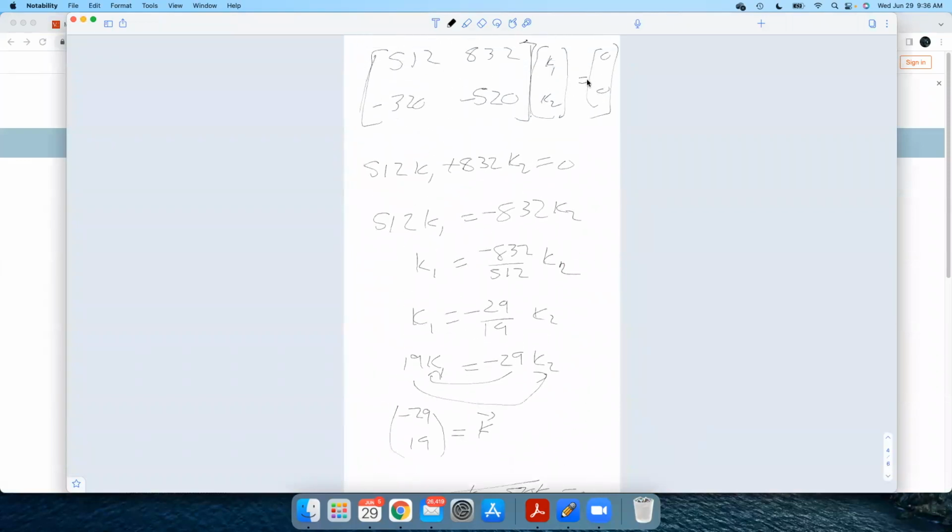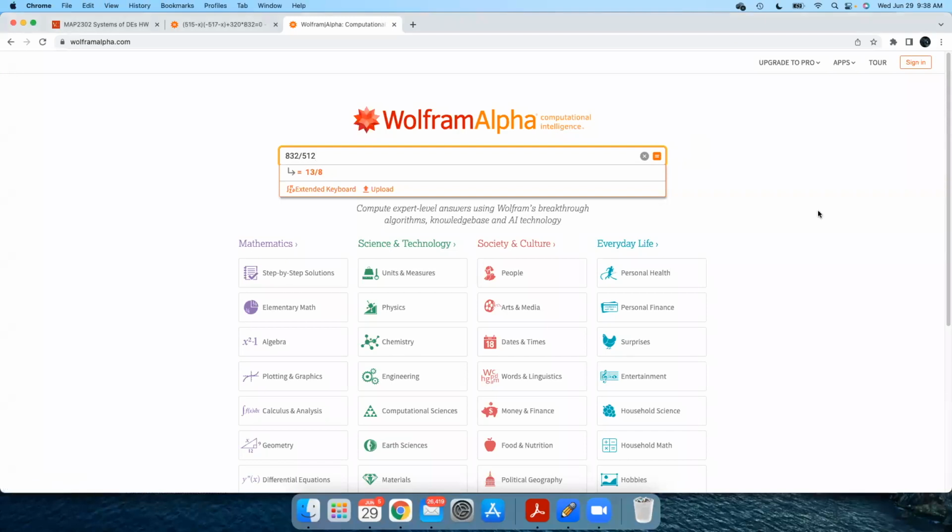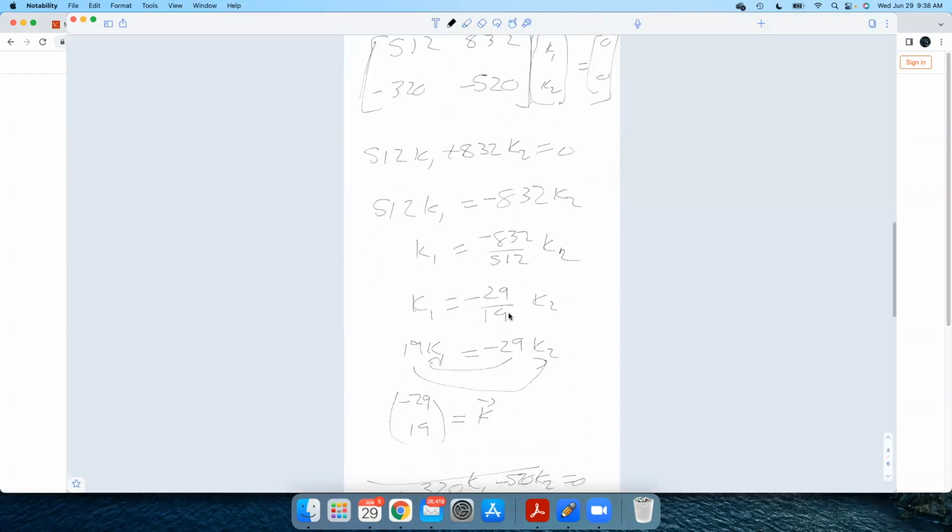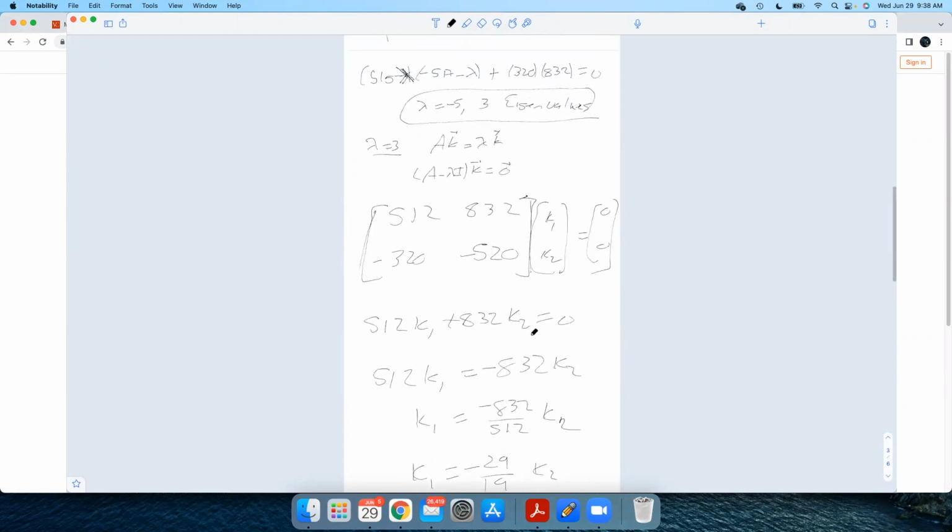Let me pause and see if I can find it. Yeah, see, it's a good thing I checked. I must have typed it in wrong the first time. 832 over 512 is 13 over 8. So this should have been negative 13 over 8. Remember, when you're finding the eigenvector, one row should be a multiple of the other. These two equations should give you exactly the same thing, so we don't have to solve both. It's not really a system of equations we're solving, because any multiple of an eigenvector is still an eigenvector.